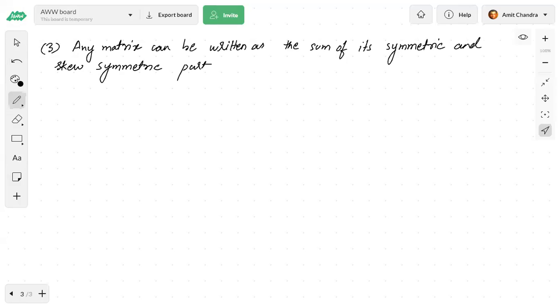Remember, we are talking only about square matrices, because symmetric and skew symmetric matrices are square matrices. So if we are talking about any matrix, it implies that we are talking about a square matrix. So suppose this is any matrix which is not symmetric or skew symmetric but is a square matrix. So A is a square matrix.